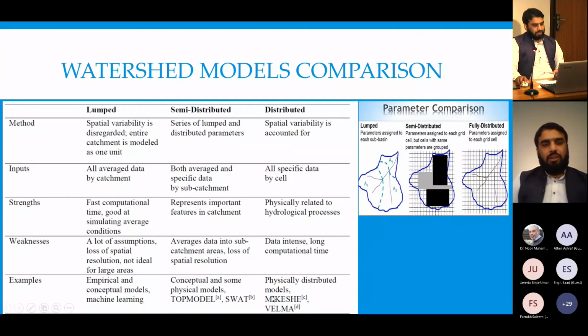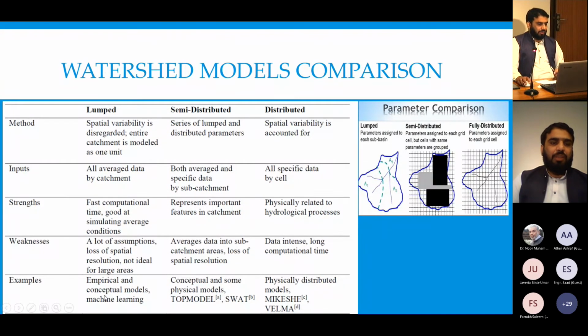In the semi-distributed model, averaging data into sub-catchment areas loses spatial resolution, as it does not consider the spatial resolution. And in the case of the distributed model, it is data intensive with a large number of parameters, and a large number of cells are considered, so it is very intensive and time consuming.